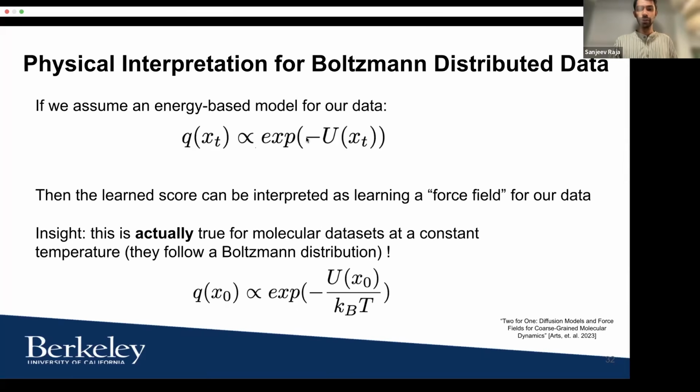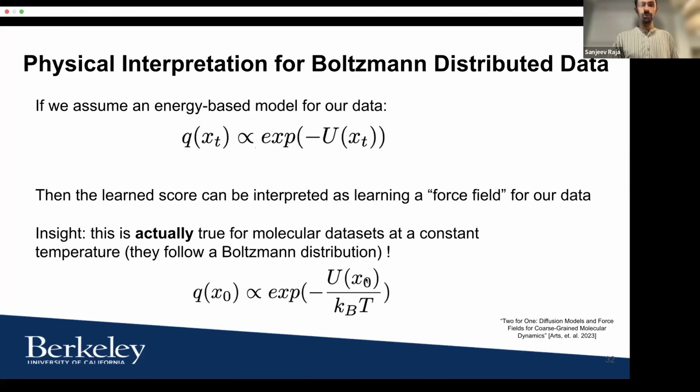So you can think of a diffusion model or a flow matching model, at time equals 0 at the data distribution, as actually learning a force field, which folks in this 2-for-1 paper have pointed out and used. And this is, of course, actually true for molecular data sets at a constant temperature.